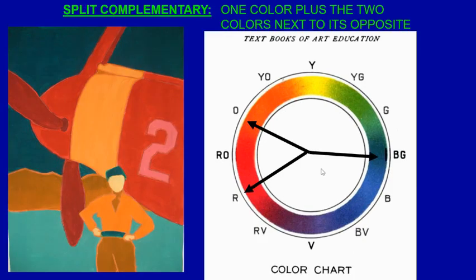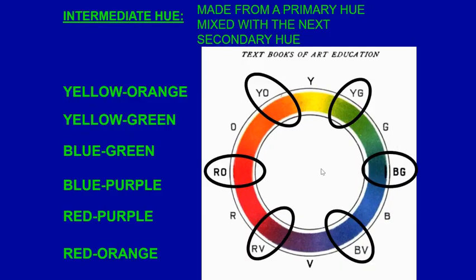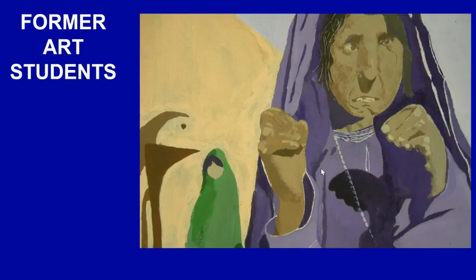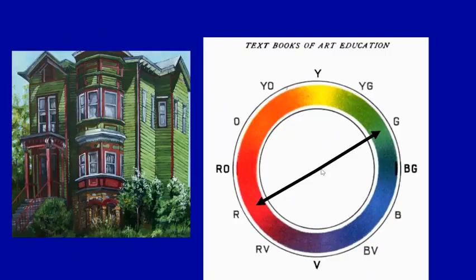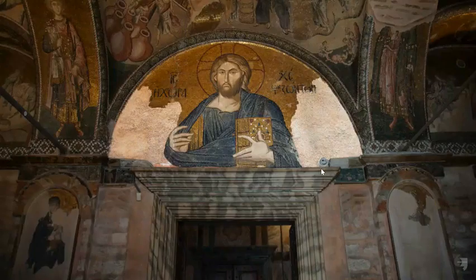And with intermediate colors, the artists of the first semester are not as sophisticated in their color making as are artists in the second semester. So you won't see a lot of this, the yellow oranges. In fact, let's see if we can go back to some of these.